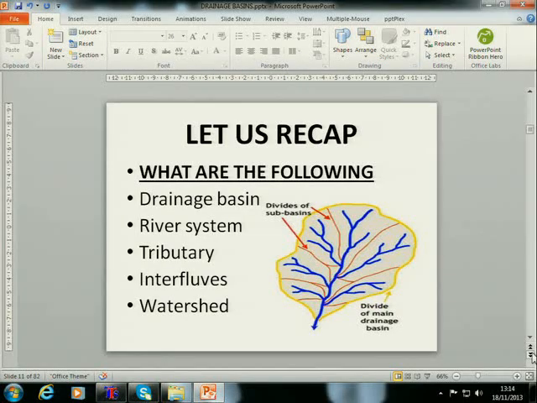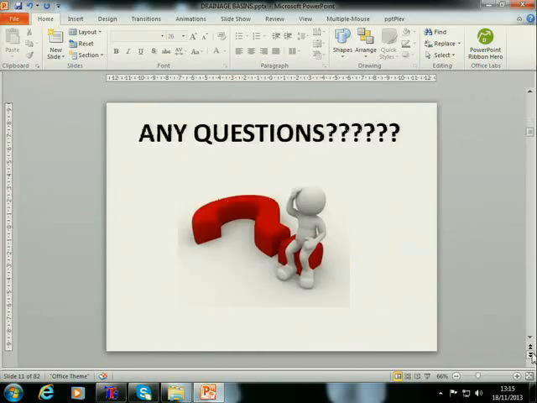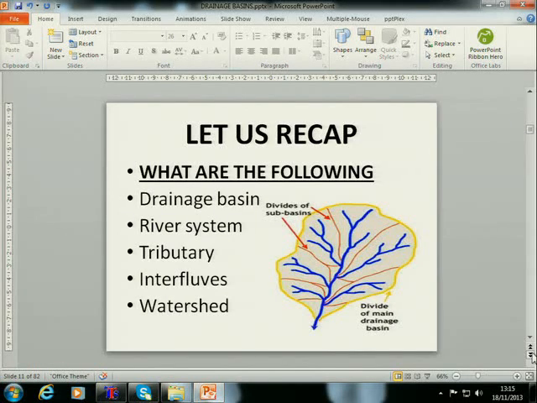An interfluve is the higher lying area between the different tributaries, and the watershed is around the whole system, the whole drainage basin. And that is the area that lets the water go down on one side or to the other. If you have any questions that you want to pose, now is the time to do that on any one of those 5 items.